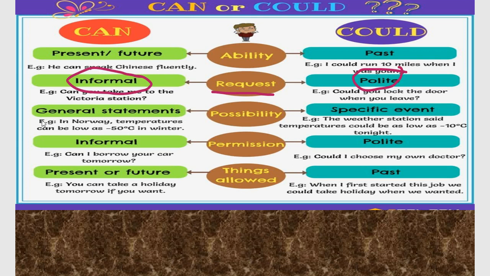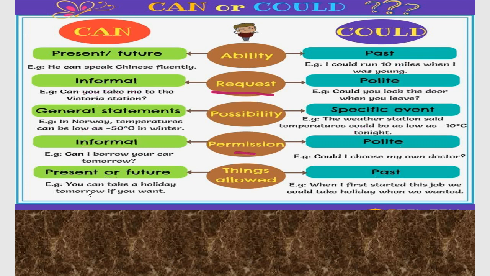Can is used for general statements and could is used for specific statements. Permission: again, can is used for informal permission. Could is used for polite permission. And for things allowed, can is used in present or future. Could is used in past.